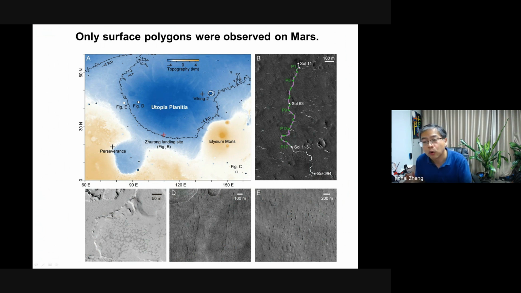This kind of edge or polygon terrain has nothing to do with the surface structures. That means it's a real reflection from the subsurface.